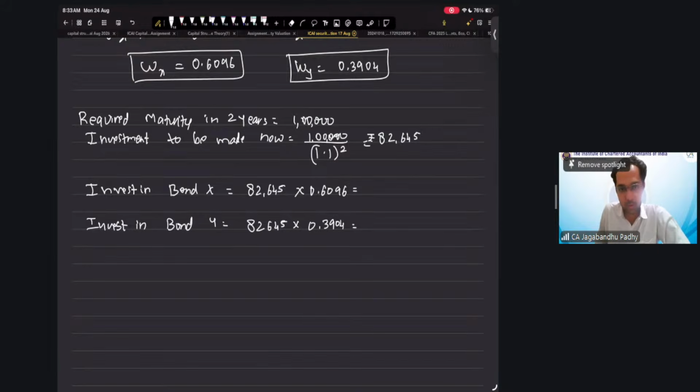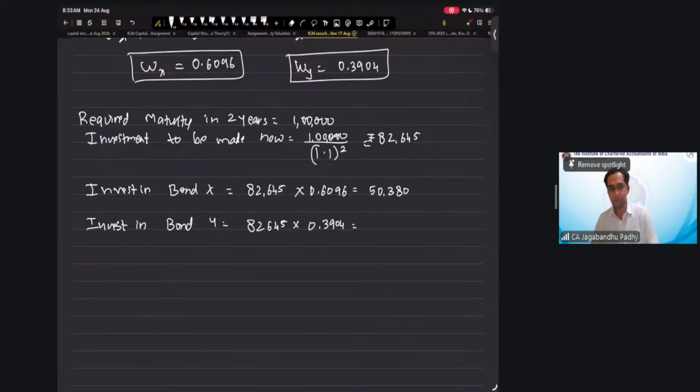Investment in bond X and investment in bond Y. What amount are we investing in bond X and what amount are we investing in bond Y? Bond X, it is 50,380.